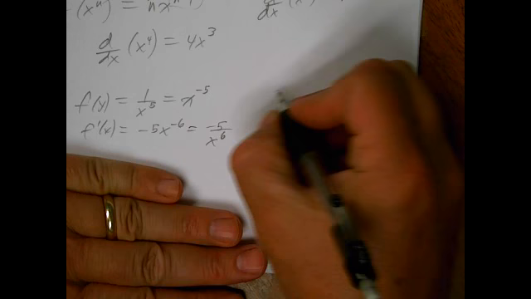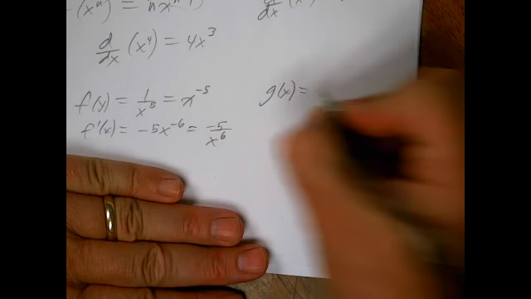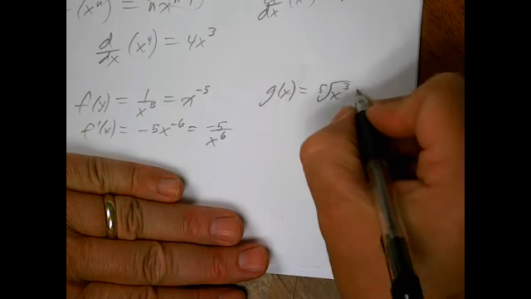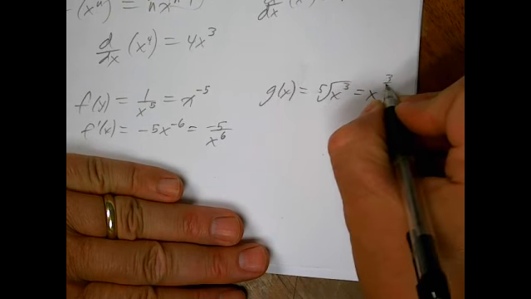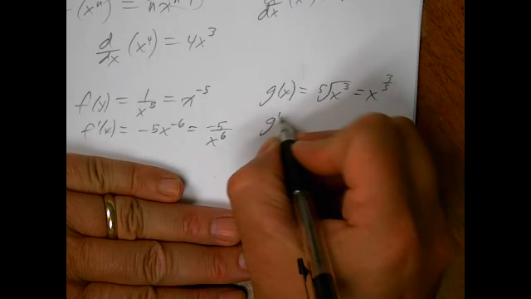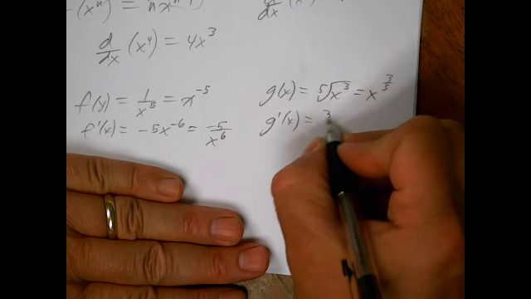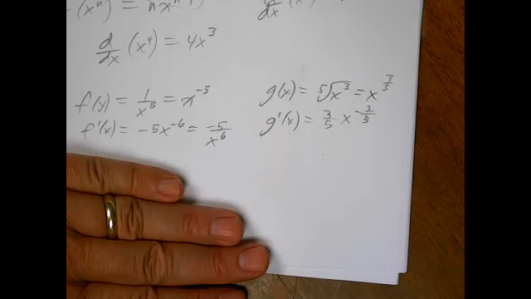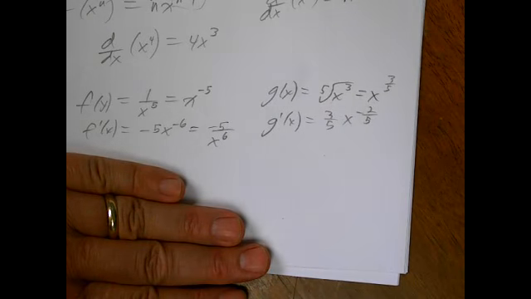If you had a g of x equaling the 5th root of x cubed, you would simply rewrite it as x to the 3/5 power. And g prime of x would be 3/5 times x to the negative 2/5 power. I just took 3/5 and dropped it by 1.